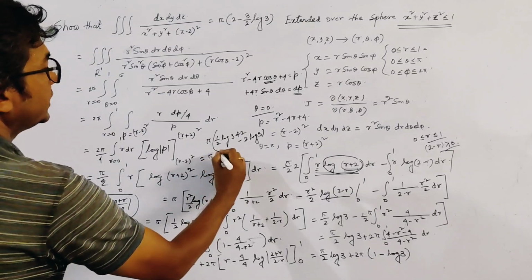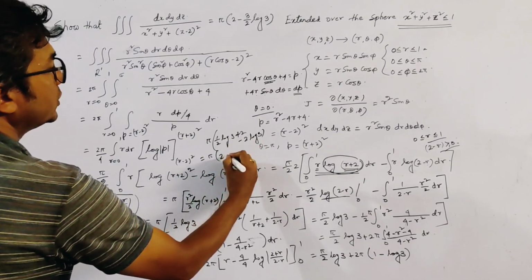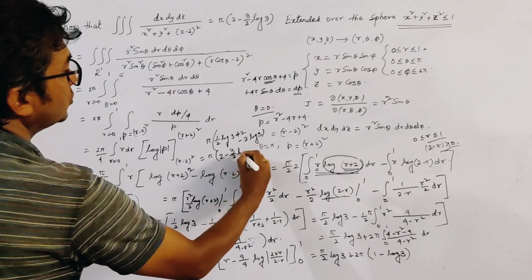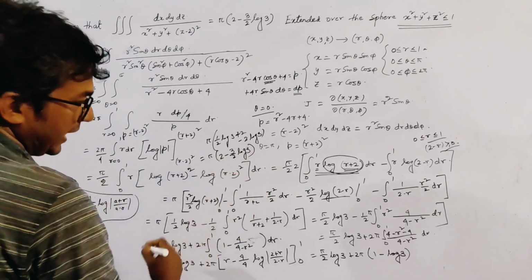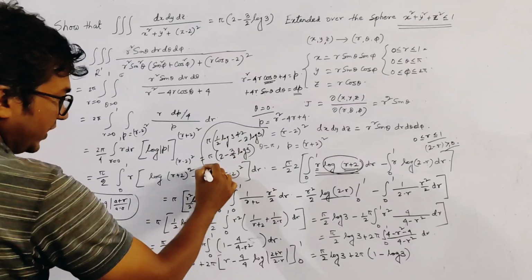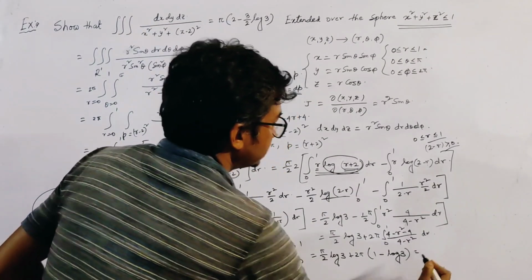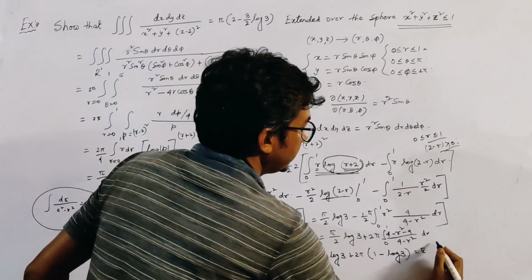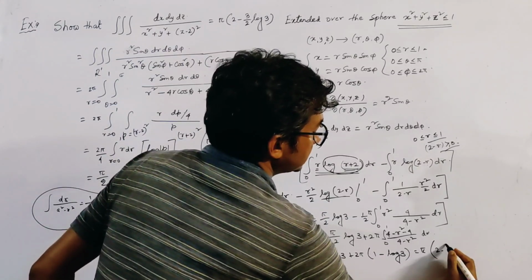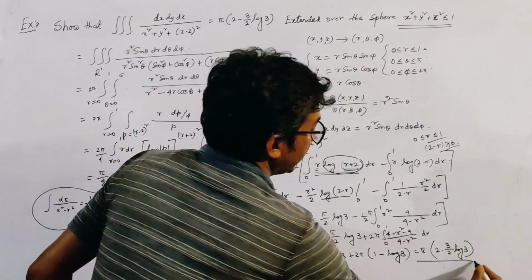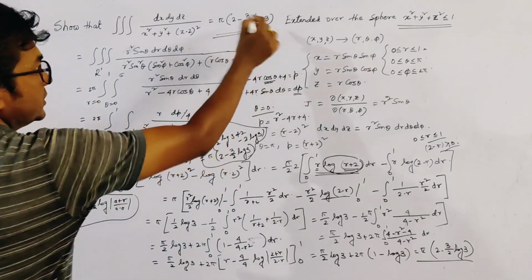So this is pi into (2 minus 3 by 2 log 3), and this is our final answer of this integration. Okay, so we write here the final answer: pi into (2 minus 3 by 2 log 3), and this is the result of the integration.